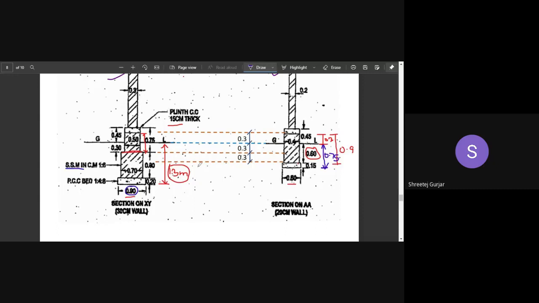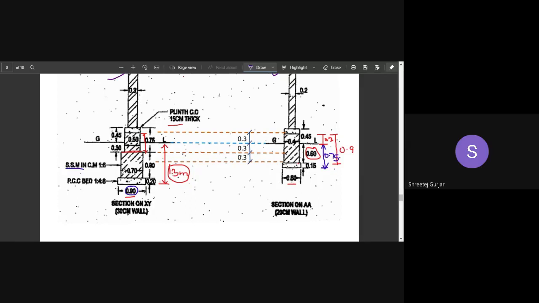The width of the PCC bed is 0.6, but your size stone masonry is 0.7, so the PCC bed is smaller compared to this.